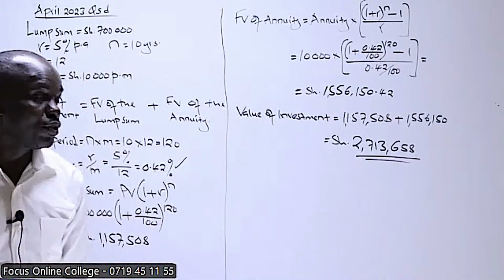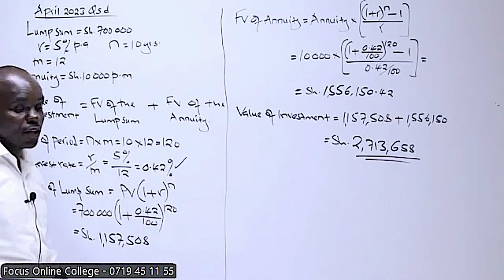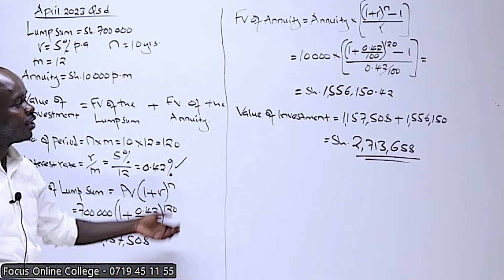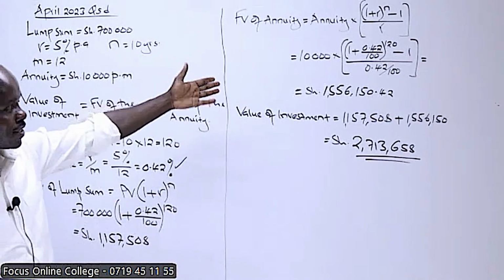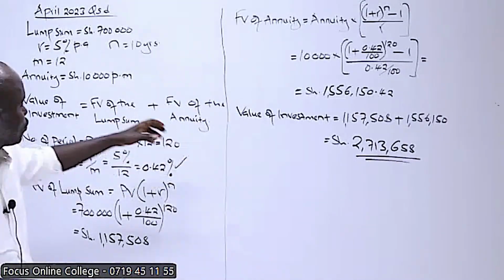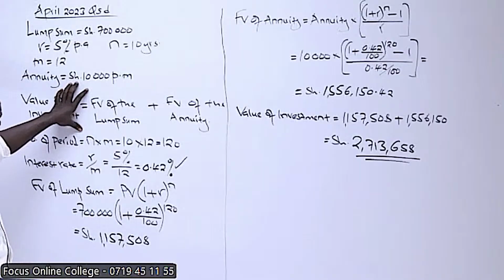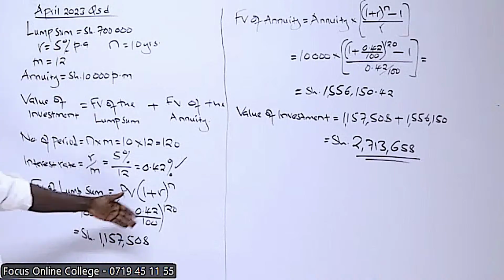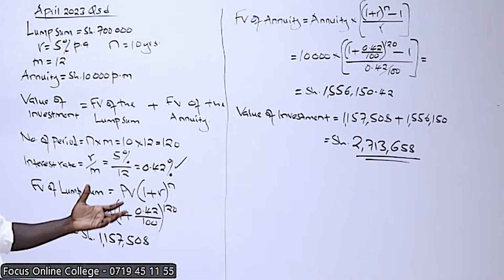So that is how you do time value of money questions. Like I've said, here there is no format. It is just getting the concept. For example, this question we've just done, this April 2023 question, 5D. Do you think you can do all this without having the concept?